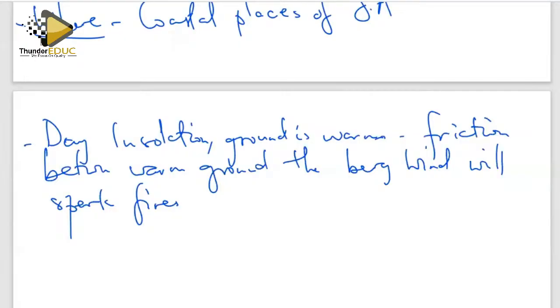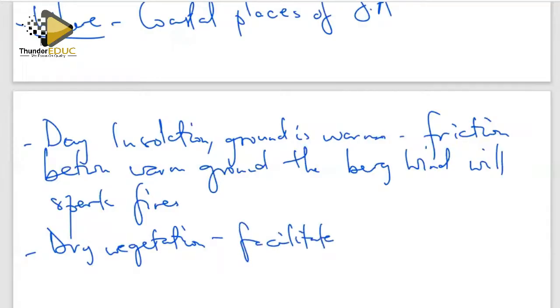And also, we note that during the day, there will be a situation of dry vegetation. Vegetation will be dry, and that is likely to facilitate the spread of fire.